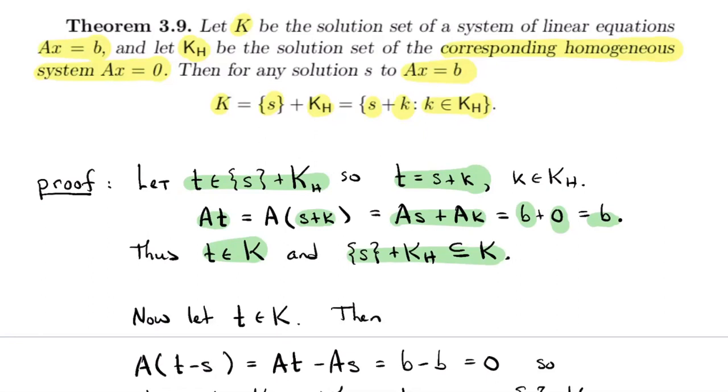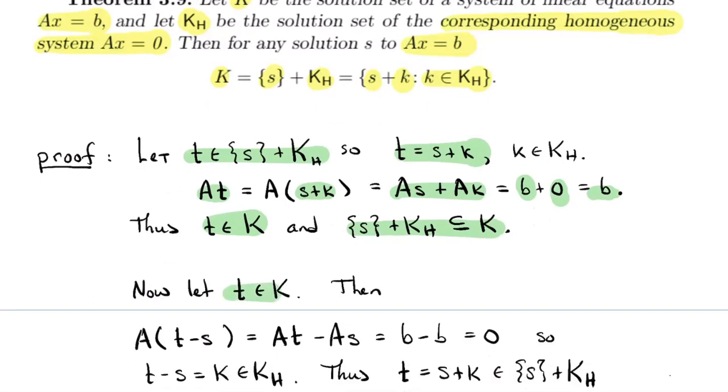The second half is just reversing the implications. Now let's take an arbitrary element of K, an arbitrary element of the set of solutions, and I want to show that it looks like an S plus some solution to the homogeneous system. Let's call it T. Then I look at A applied to T minus S, a little bit of matrix algebra. A of T is B because T is a solution to the system. A of S is B because S is also a solution to the system, and B minus B is 0.